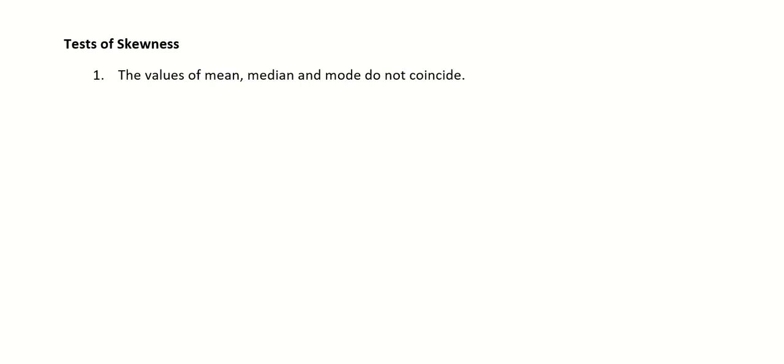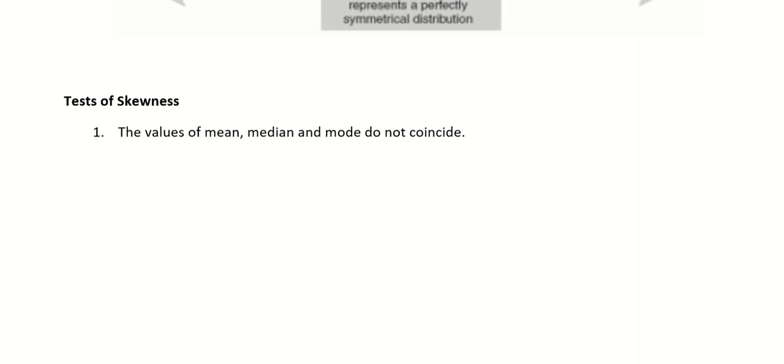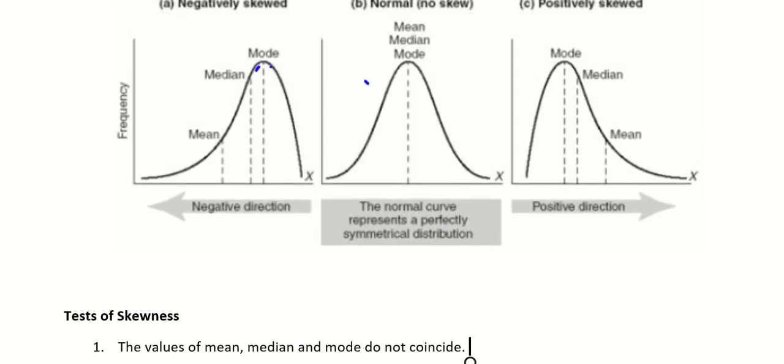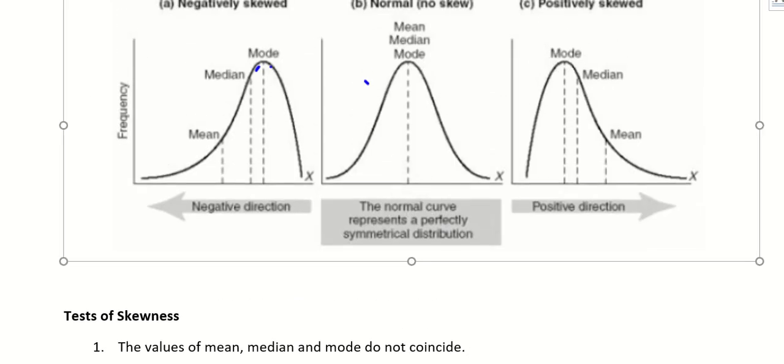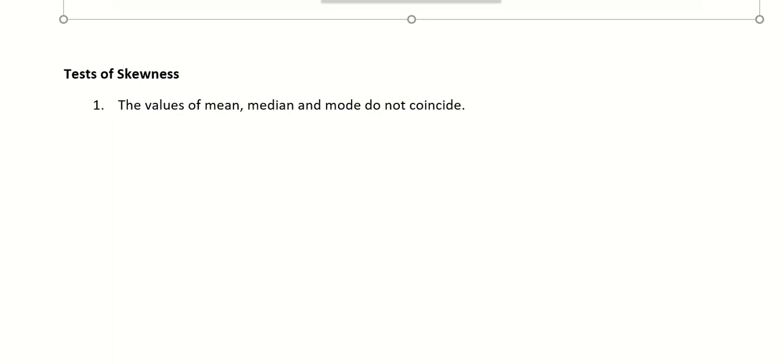Which means the values of mean, median and mode are not the same. So only in case of normal distribution, the values of mean, median and mode are the same. In the other two cases, the values of mean, median and mode would remain different.